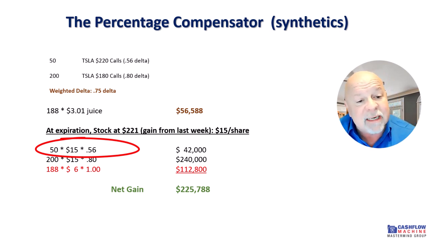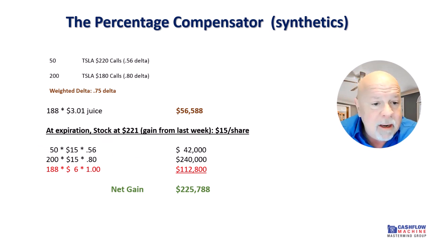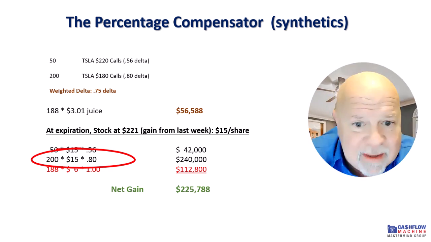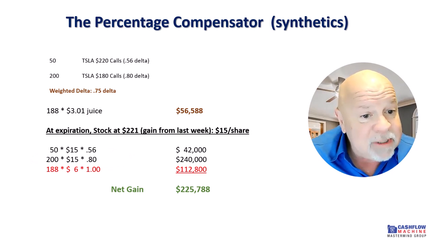So 50 contracts times the 0.56 delta went up 42,000. 200 contracts at $15 at the 0.8 delta was a 240,000 increase. You see how I didn't get it all. I only got 80% of it.